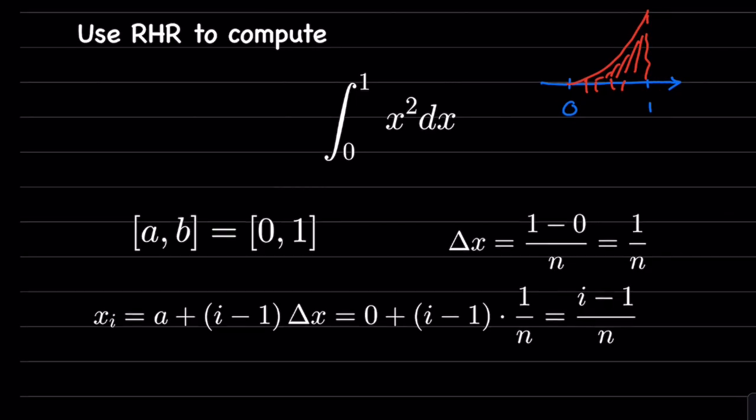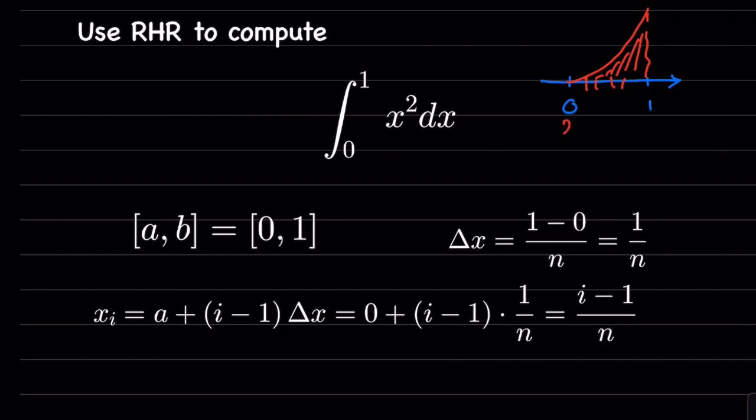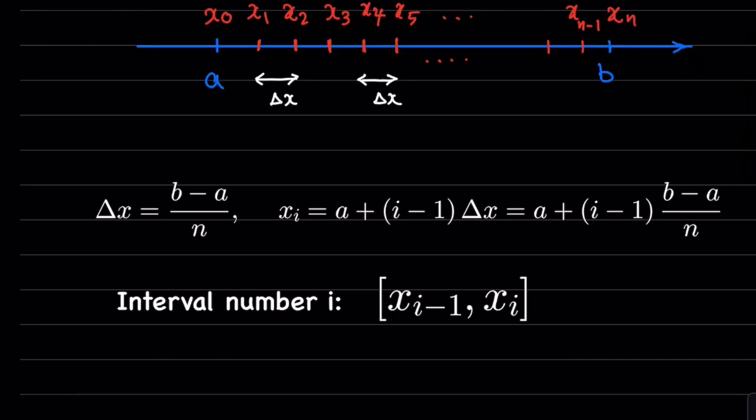Similar to what we saw before, it's going to be x0, x1, x2, and so on. These are the endpoints of these intervals, and we had a formula for xi. So xi is just going to be a plus i minus 1 times delta x. That's what I showed you earlier.